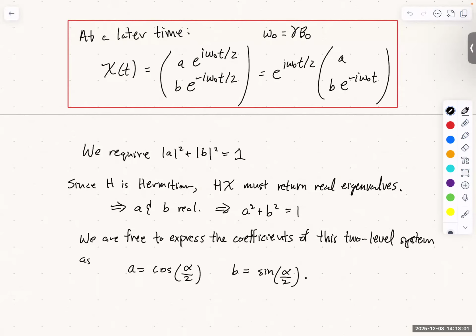So clearly, if I square these two, I'm going to get cos squared plus sine squared. That's going to add up to 1, regardless of what we put in for alpha.